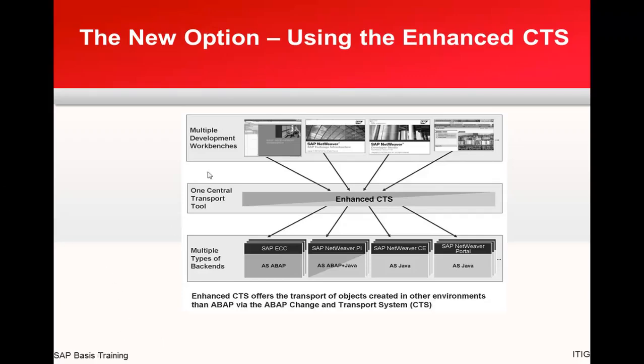So we get an enhanced CTS, one central transport tool for transporting all Java and ABAP objects. For ECC you can use the same tool, for ABAP plus Java you can use the same transport tool, for CE, that is composite environment, you can use the same tool, and for the portal you can use the same tool.